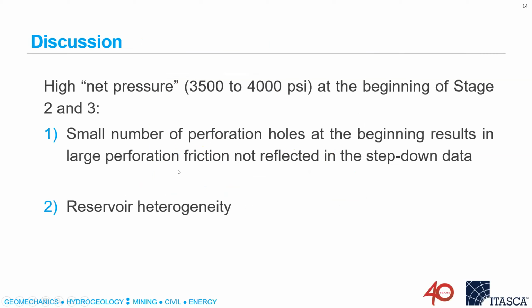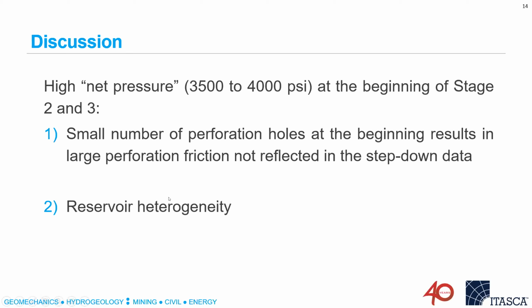As I mentioned, I calculated the net pressure as 3,500 to 4,100 psi at the beginning of stage 2 and stage 3. It could be that you have a small number of perforation holes at the beginning, giving a large perforation friction, and this may not be reflected in the step down data. So you don't have a correct perforation correction at the beginning.